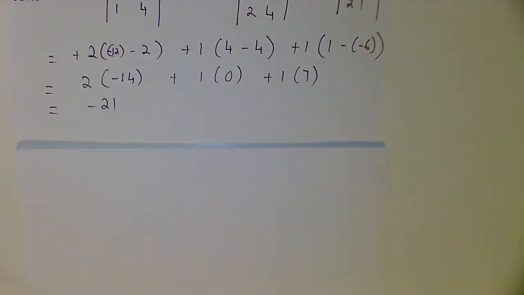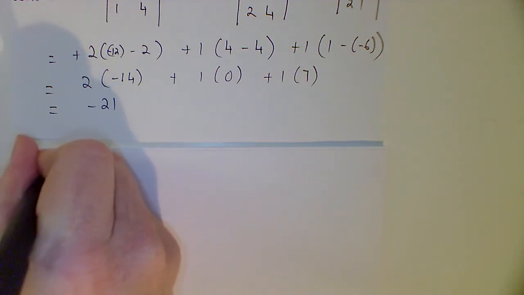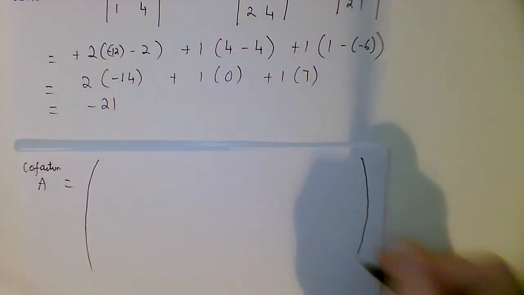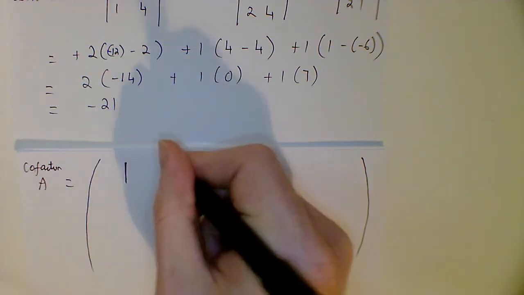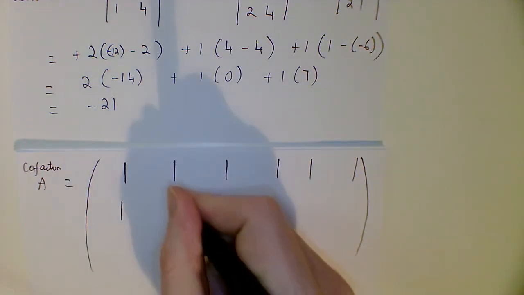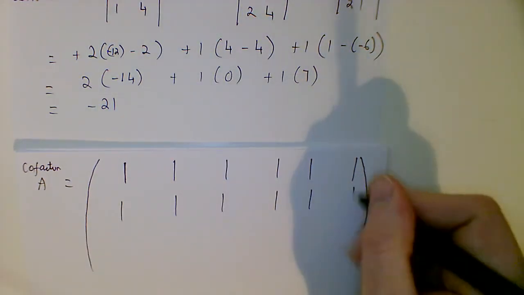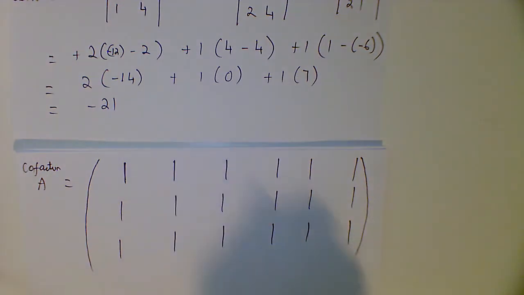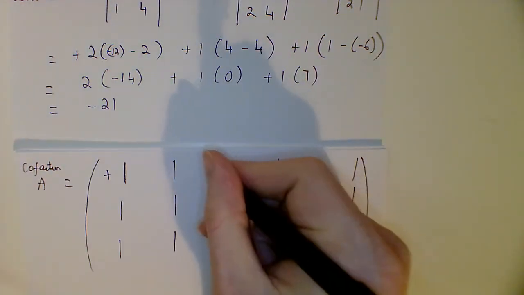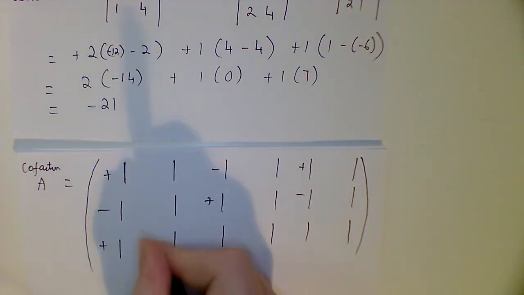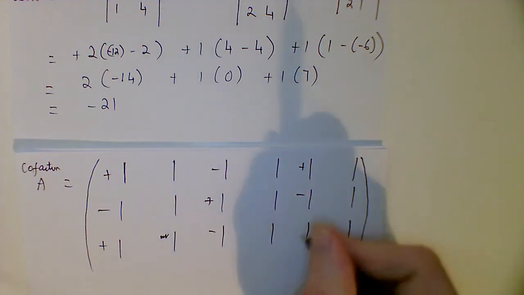So then we want to find that big cofactor matrix of A, which is a big matrix made up of those 9 minor matrices from the original matrix A. And you remember we put our signs in front, so plus, minus, plus, minus, plus, minus, plus, minus, plus.